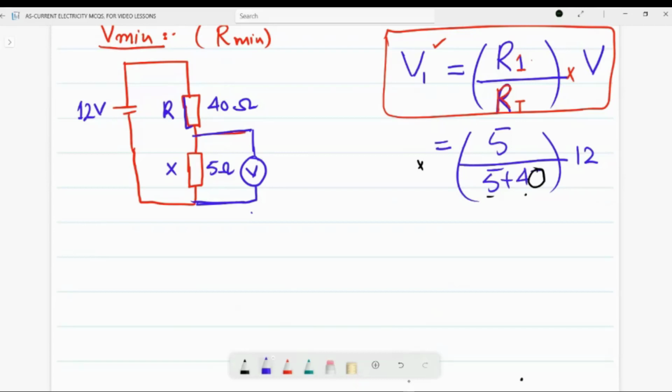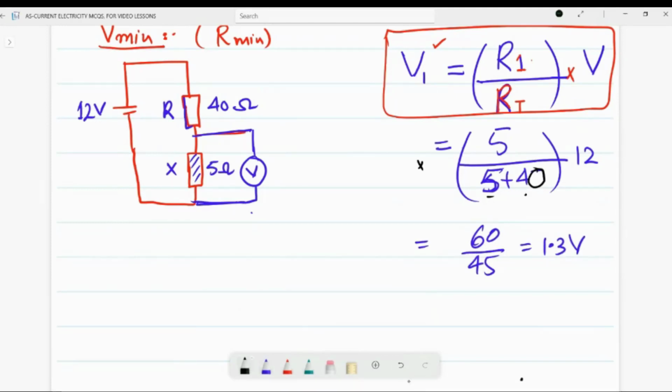Here R1 is your 5, because this is the resistor across which I'm going to calculate, and in the denominator the total resistance will be used, which is 5 plus 40, so it would be 45. So the total would be 5 times 12 divided by 45. It means that it is 60 divided by 45, which is 1.3. So the minimum value is 1.3 volts.